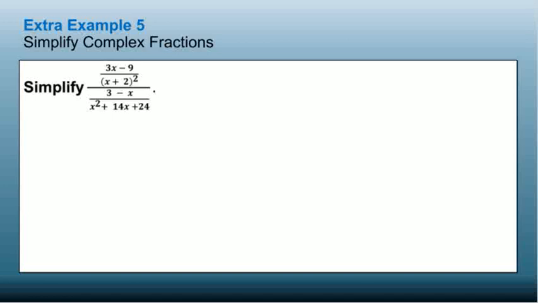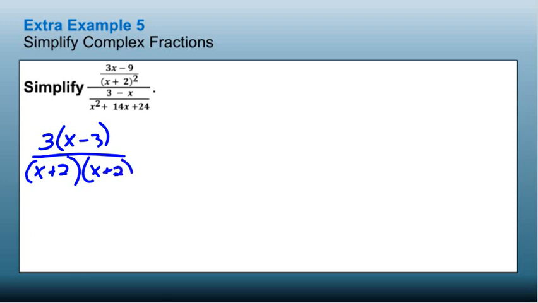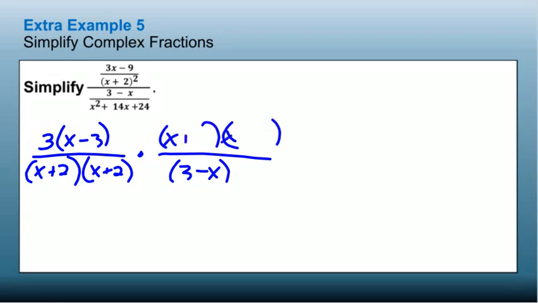Next one, I'll rewrite this one so I can factor a 3 up on top. So this is x minus 3 divided by x plus 2 times x plus 2. And multiply by the reciprocal, which will make this 3 minus x down here. And on top I have x plus 2 and x plus 12. Now to simplify this, the x plus 2's divide out.